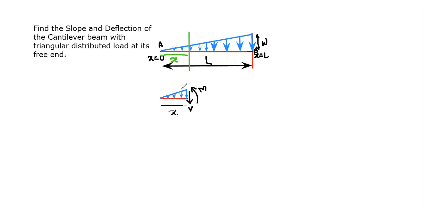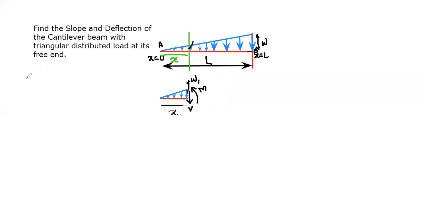Now the intensity of the load at x equal to L is W, and the load varies. If you look at this small triangle and the bigger right angle triangle, both are right angle triangles, and both are similar triangles. Let's suppose the intensity of the load here is W1.